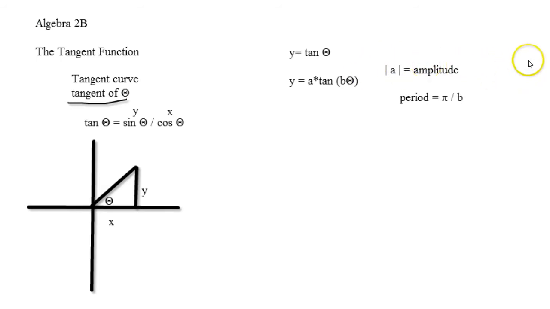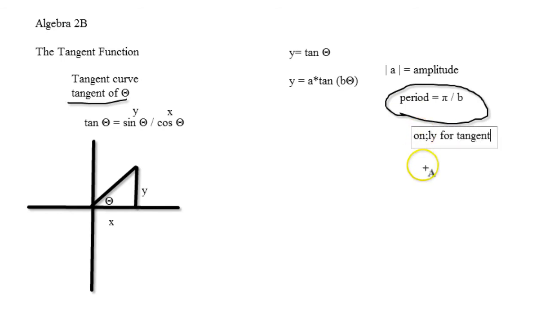Amplitude is just going to stay the same. Now period is the new one right here, so period is definitely going to be changed because the length for one wavelength of tangent to happen is actually just pi. Oh, I'm sorry, this is only for tangent, as we work on this stuff.